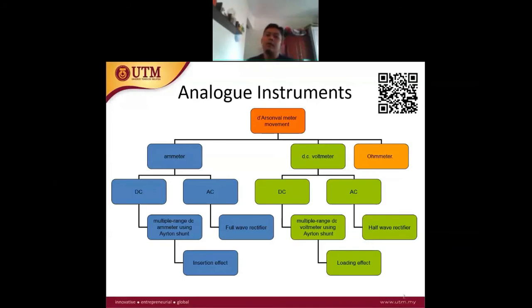Okay. All these analog devices originated from a device called the unsolvable meter movement. Okay, the unsolvable meter movement.